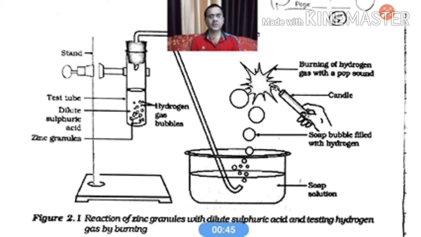So this hydrogen gas, when it comes in contact with the burning candle or the burning splinter, it catches fire and it explodes a little and burns with a popping sound, and this is called pop sound, and this is the best test for hydrogen gas.